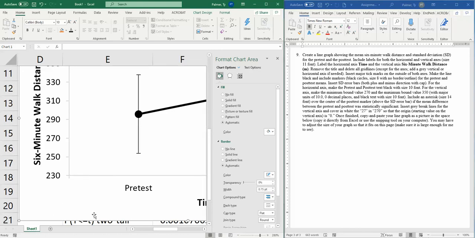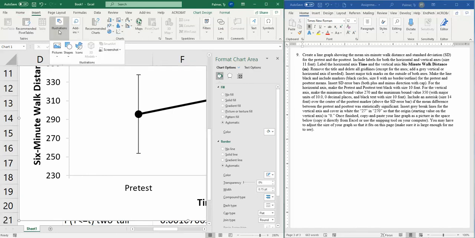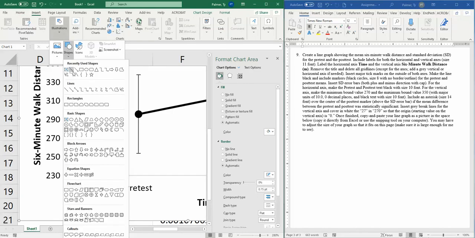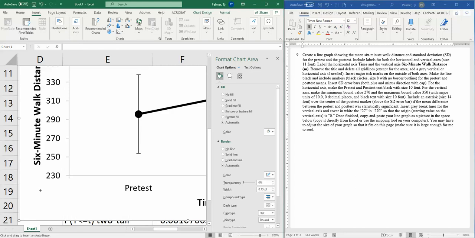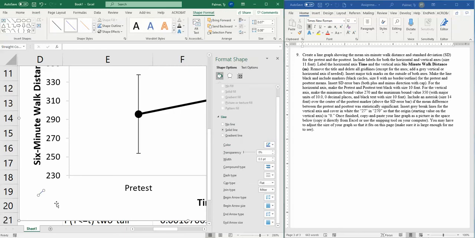Make sure your graph is highlighted like mine is. Then go to Insert, go to Illustrations, go to Shapes, go to Line, and then you're going to create a line just like I'm doing here that goes from left to right, slanted in that direction. Notice that the default is a blue colored line.